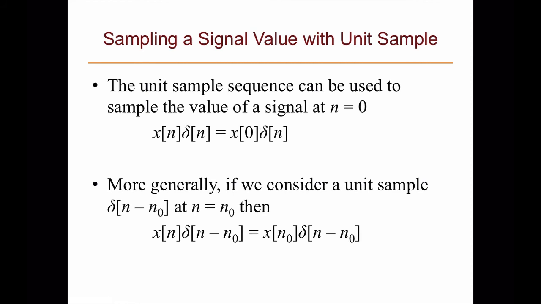So when you multiply it with any signal, only the value x[0] will be carried on in the multiplication. In general, if we shift the delta by a certain amount n0, an arbitrary number, then you can think of it as a sampling machine: when you multiply delta[n minus n0] with any signal, you get the value x[n0] out of that.